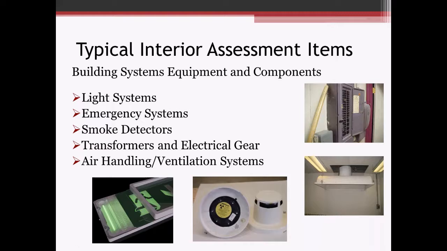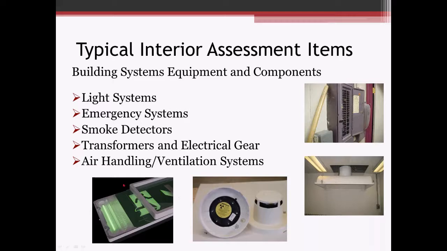So when these smoke detectors are disconnected to be disposed of, you've got to make sure whether or not you're dealing with something with that radioactive material. Transformers and electrical gear, possibly PCB containing oils and other petroleum products. Air handling and ventilation systems might have different components that have hazards too.